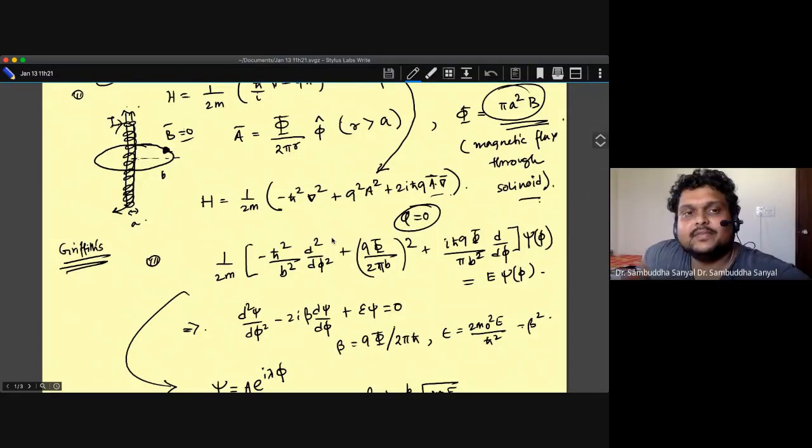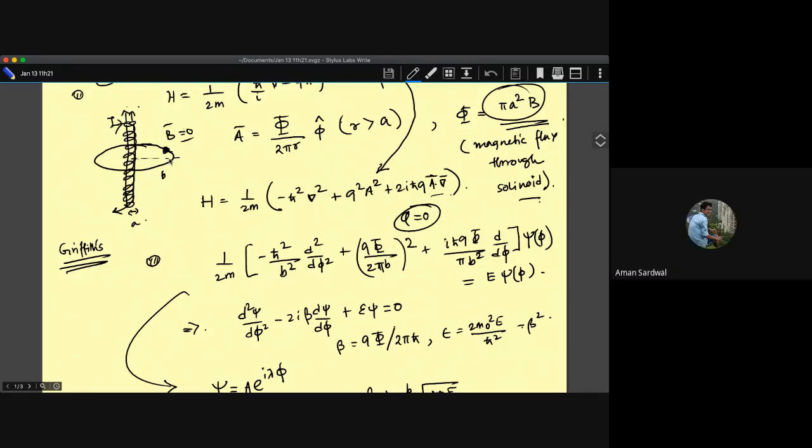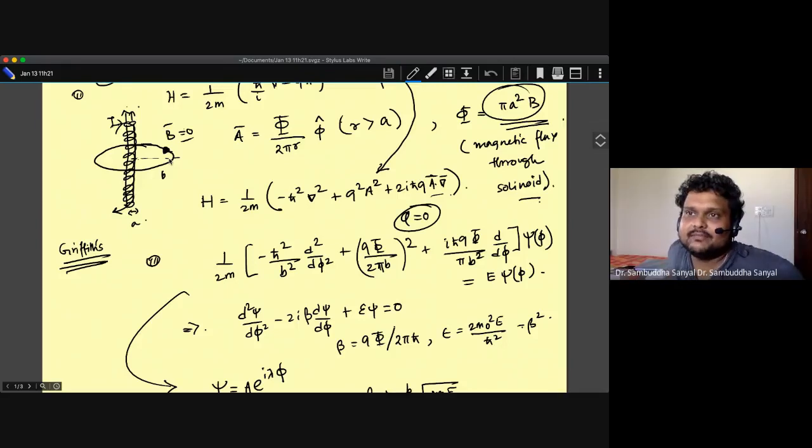Even if B is 0, A is not 0. Where the particle is, the particle is experiencing A, and that is what matters. That is the point I wanted to emphasize here. The wave function talks with the vector potential, and that's very surprising, because the vector potential was something we created for our convenience. We didn't know that it would be the real thing.